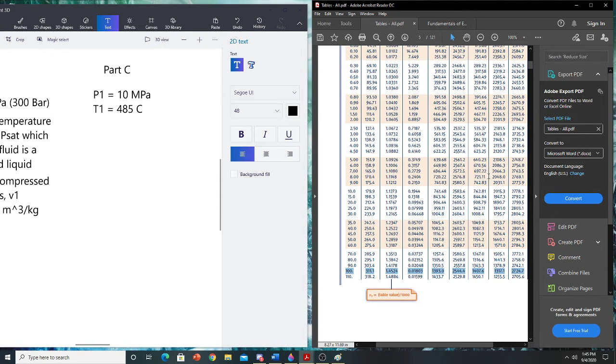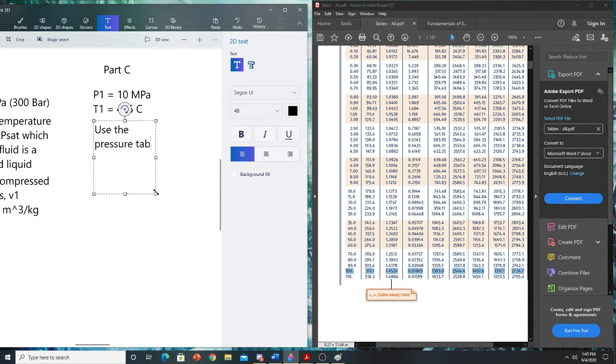We are superheated, correct. Because we are on the pressure table, how you compare it is you go to your pressure line. So go use the pressure table to obtain a value for Tsat.